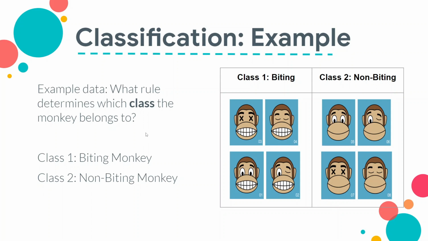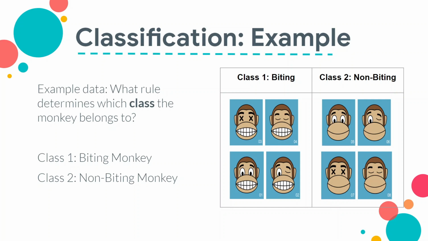If you look at these pictures, we say, okay, all the class 1 biting monkeys are this monkey on the side, and all the class 2 non-biting monkeys are these monkeys on the side. Can you tell me what you think is the rule to determine the class that the monkey belongs to?